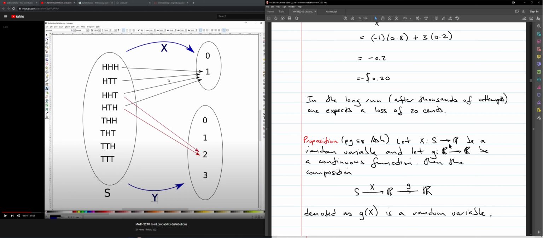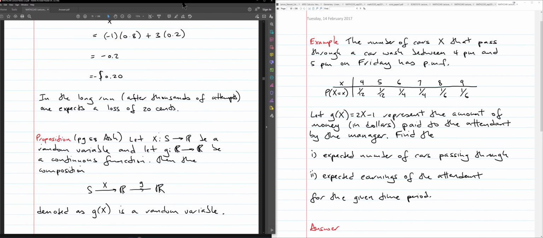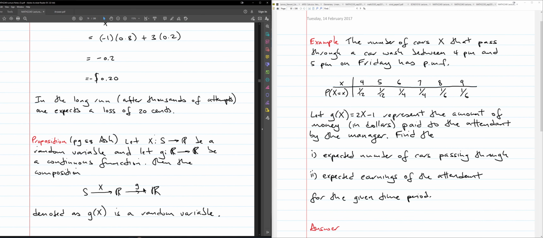So this is our random variable, and now we're going to have some function, such as 2x minus 1. We have a function g, such as this 2x minus 1, and we are now going to consider a composition. The 2x minus 1 is a function from R to R, and this is an example of a g.